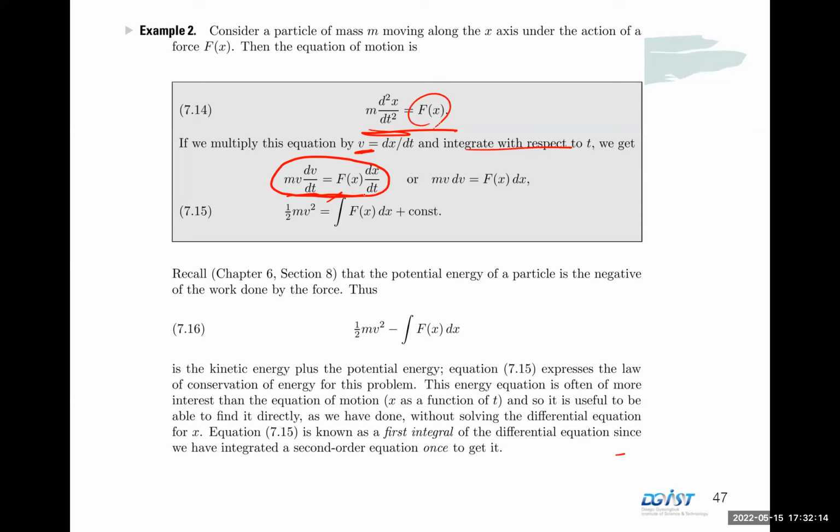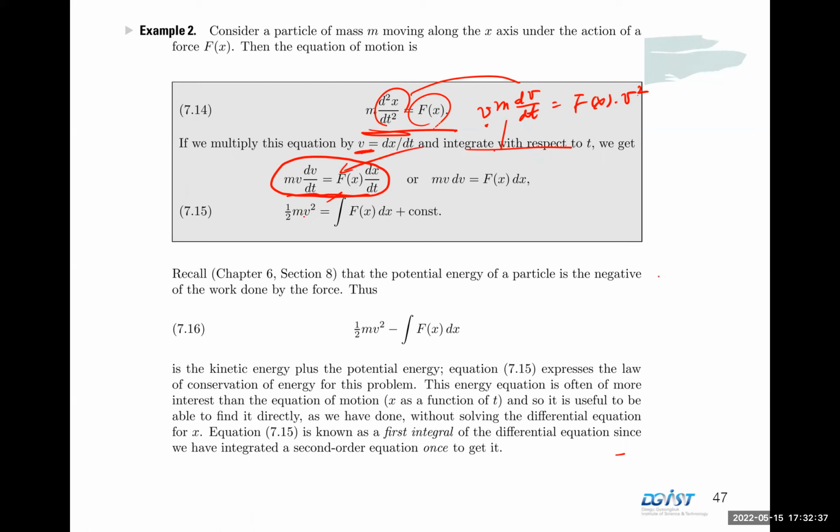Because this is nothing else but dv/dt times v, and we multiplied by v on both sides, we have v square here.